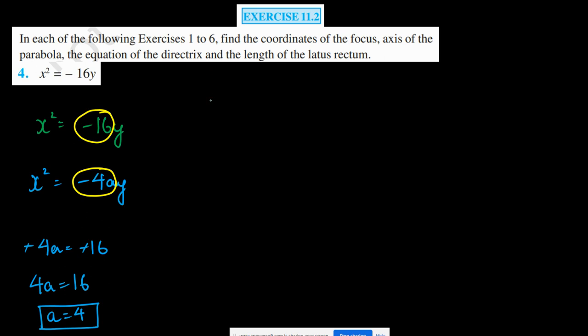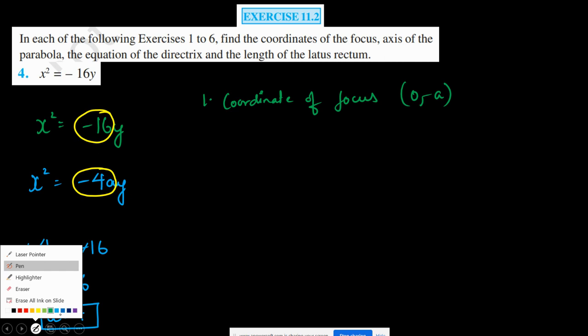You can start by writing the coordinate of focus. The coordinate of focus is given by 0 comma minus a for x square.